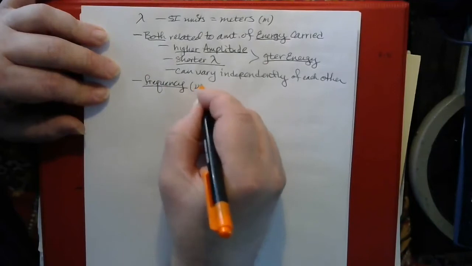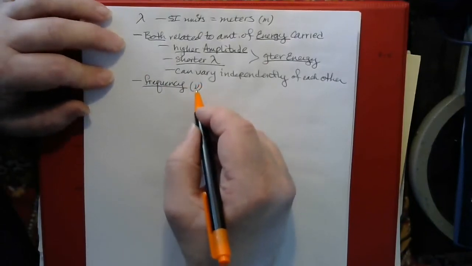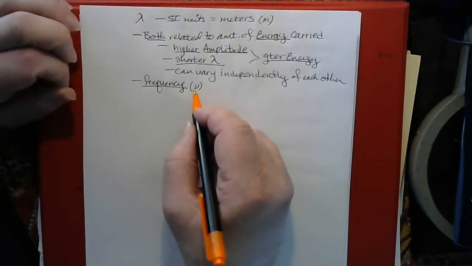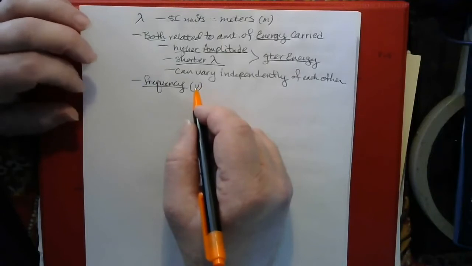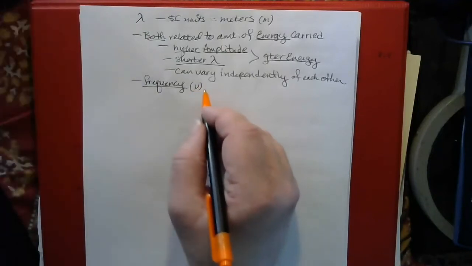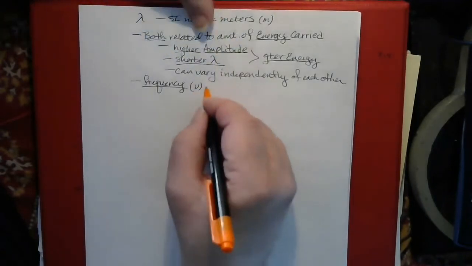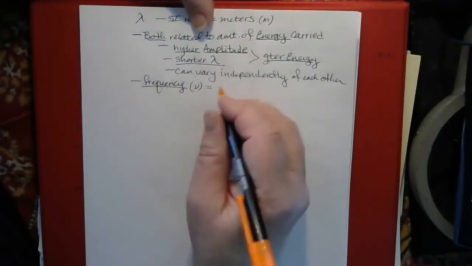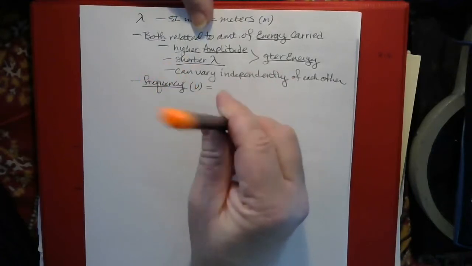Frequency has a symbol that is the Greek letter nu. It looks kind of like a V that's leaning to one side a bit, and in Greek, the letter nu is equivalent to our letter N, and I think they chose that because what frequency means is the number of waves that go past a given point in space per second.